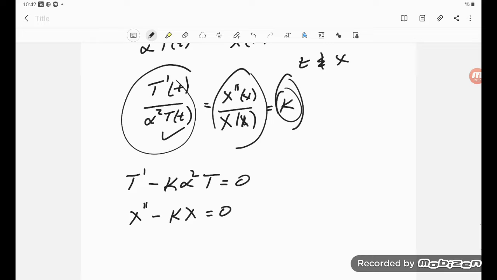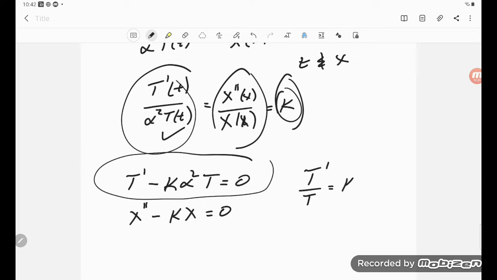Okay. Now they make a convention where they point out that, if we go back here, let's look at this solution. Because we've kind of done that, right? This is T prime over T is equal to k alpha squared.